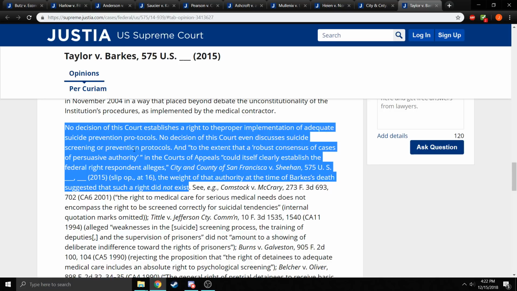So what this is saying is that it may be that having robust persuasive authority would be like circuit court cases from other circuits. So let's say that you're in a circuit that doesn't have a case like Fordyce or Turner v. Driver or something like that, Glick v. Cuniff.